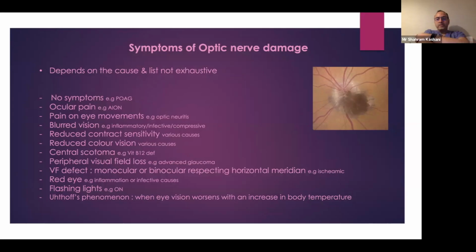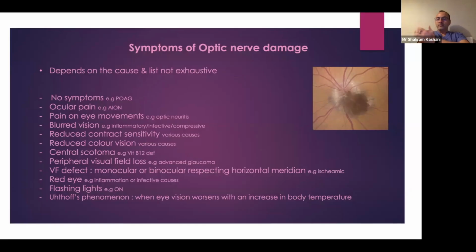So often that's a good way of determining if somebody has optic nerve disease from inflammation, infection or compression, as opposed to glaucoma, because in glaucoma, the color vision is often preserved. So doing color vision is quite important.